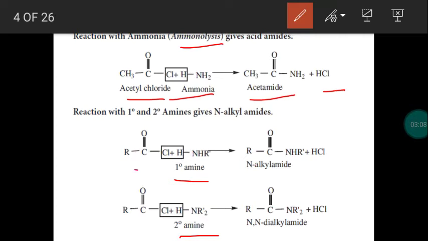Acid halide reacts with primary amine and secondary amine with the liberation of hydrochloric acid, and we get N-alkyl amide and N,N-dialkyl amide. Primary amine produces N-alkyl amide. Secondary amine produces N,N-dialkyl amide.